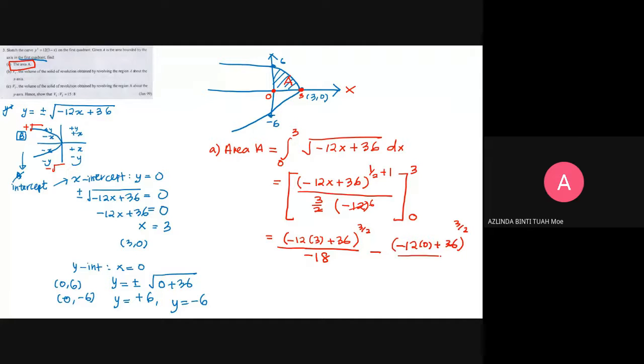Okay, get ready with your calculator. I'm going to call out your name. Negative 18. Calculate the answer. Tell me the answer, Marul Akmal.